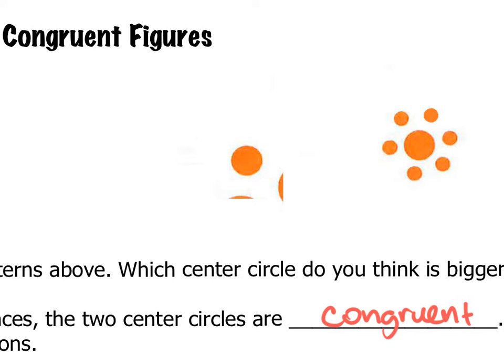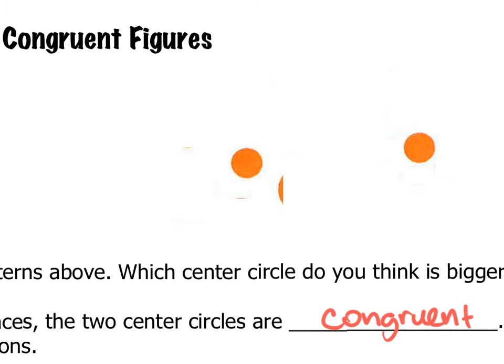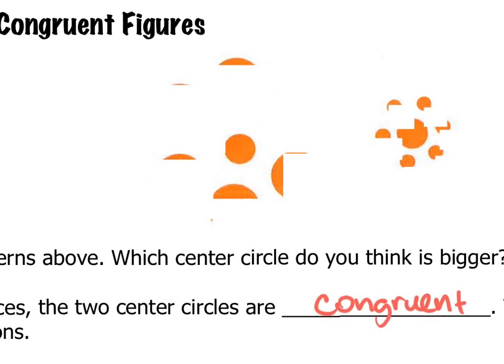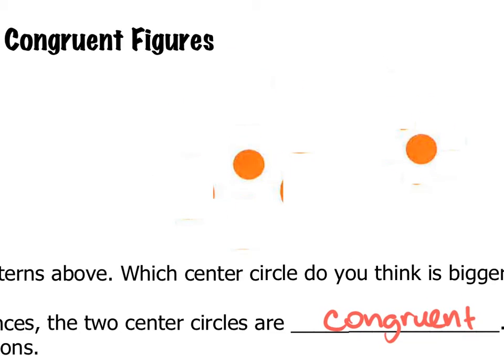Okay, so there's the left circle, and here's the right circle. So taking away those outer circles lets you see that those circles actually are the same size. And so this video is about how to tell whether or not figures are actually congruent to each other.